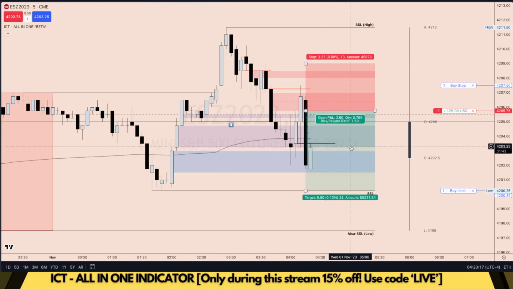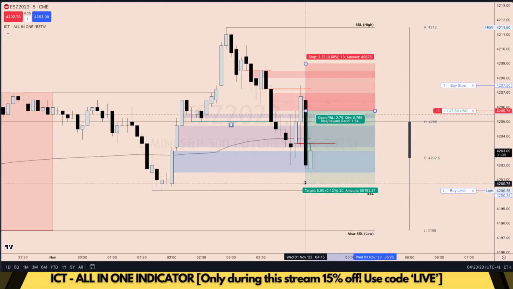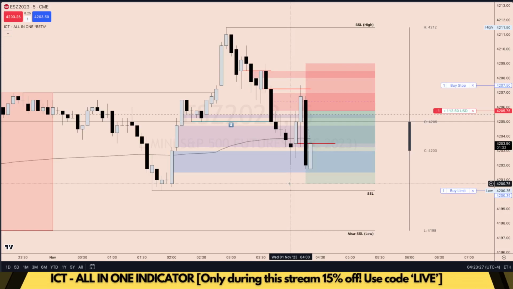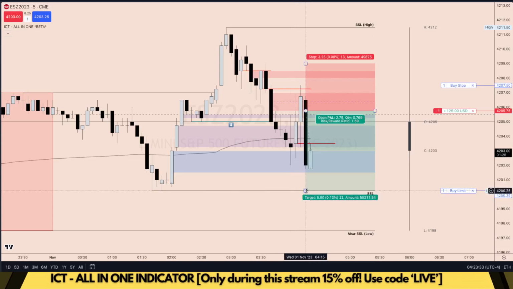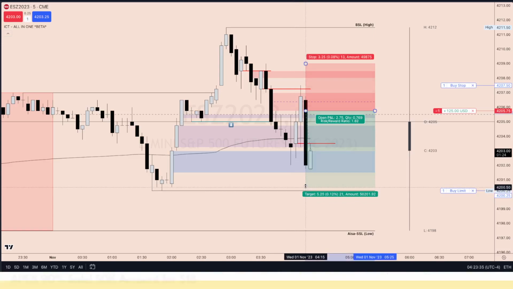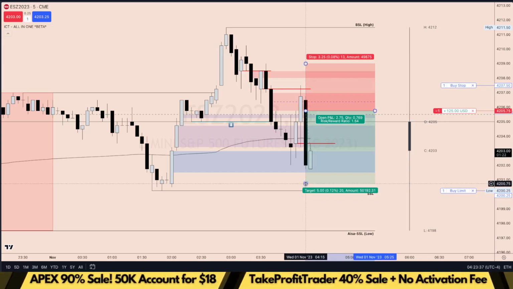Let's see if we can take the profit home. 5 points is really more than enough for me this early morning. If we could get that, we have the sell side liquidity just below. 25 bucks more. 275.